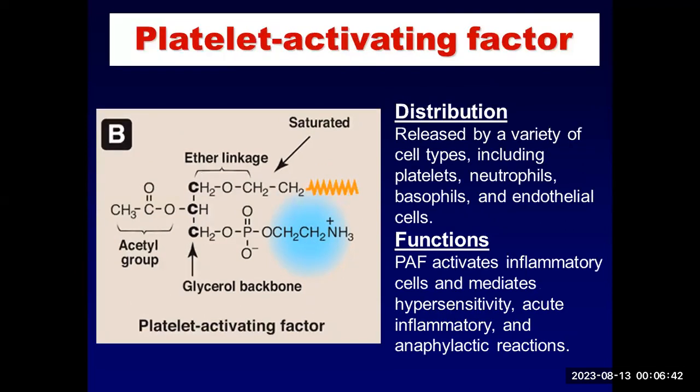Platelet activating factor. There is another ether containing phospholipid in which at carbon number 2, instead of having a long chain fatty acid, we have only an acetyl group, acetic acid. And the rest of the structure is the same. That is the phosphoric acid right here and the nitrogenous base, ethanolamine.